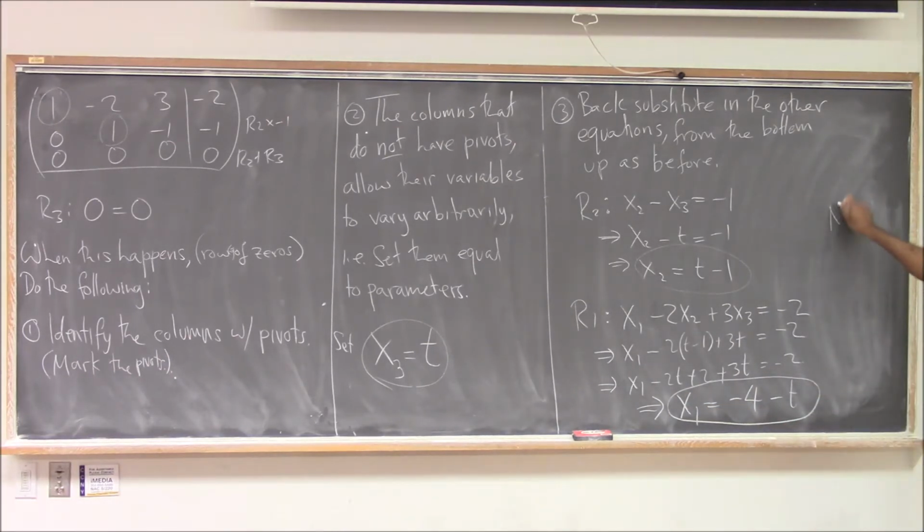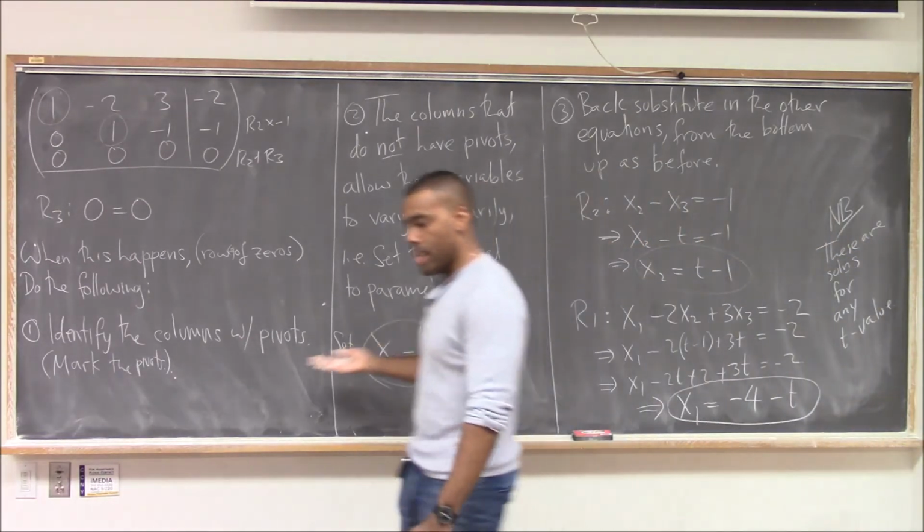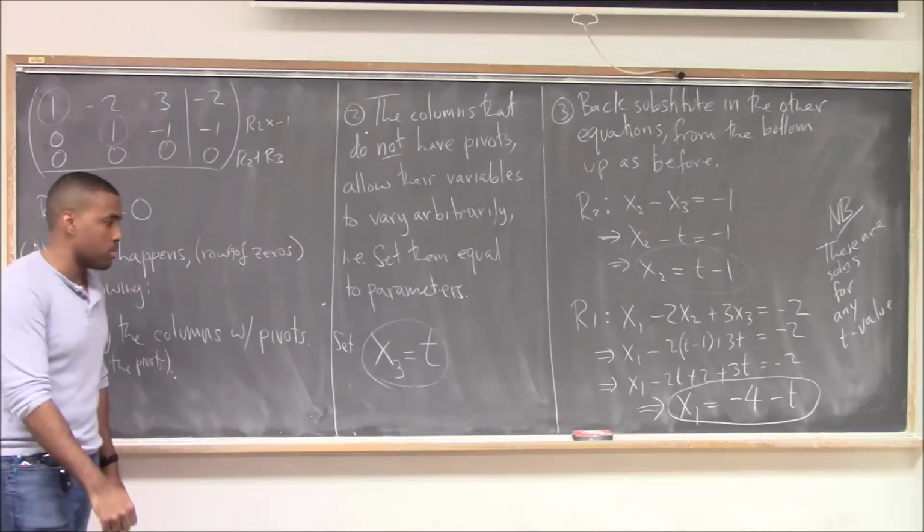What we want to note here is that these are solutions for any t value. I can pick a value for t, and the vector comprised of those values will be a solution.